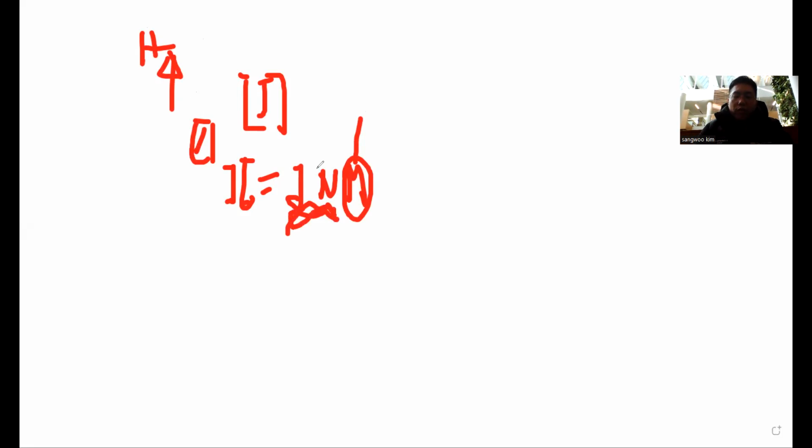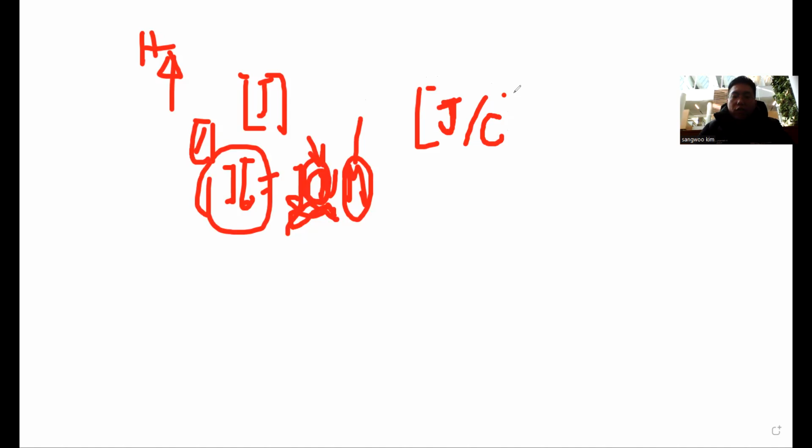To move the stuff, some force, right? So it's equal to, right? So the potential, actually the unit is, we also moved something, right? We could say joule. And we move the charge, right? The coulomb. The unit is coulomb. So it's voltage.